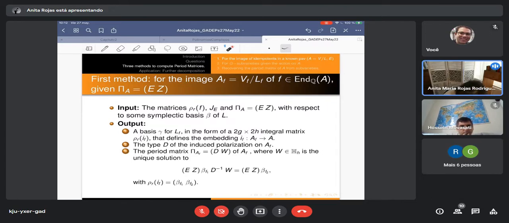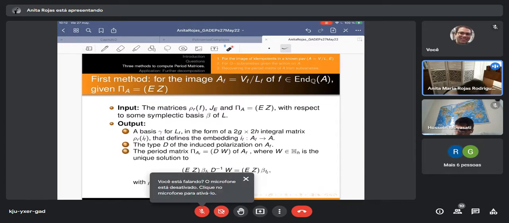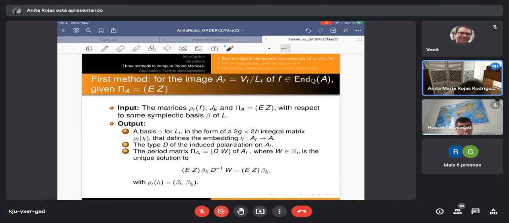Another useful thing is that this can be programmed. We did that in Magma and Sage, and so you can actually compute the Riemann matrix. Of course, sometimes they have big coefficients and you can't see a thing, but still you can compute them.